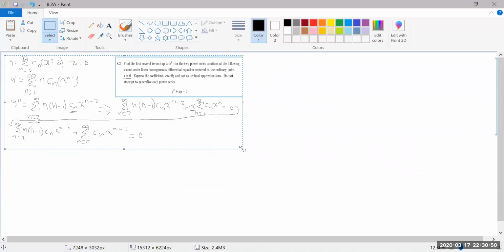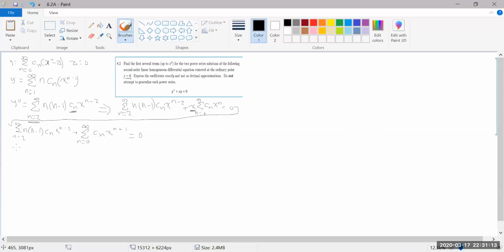Back to our problem. We got it into this format, which is a lot closer to what it needs to look like, but not quite. Similarly, as we did on the last test, we are going to re-index. We need the exponents on the x terms to be the same.